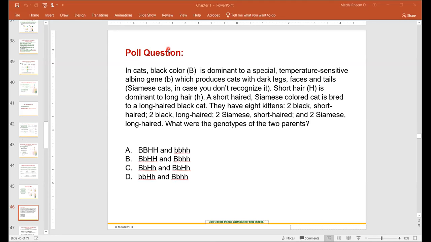Okay, how much time do you guys need? You still need time? I'm going to give you a little more time. Students are still working on it. Think about the test crosses.